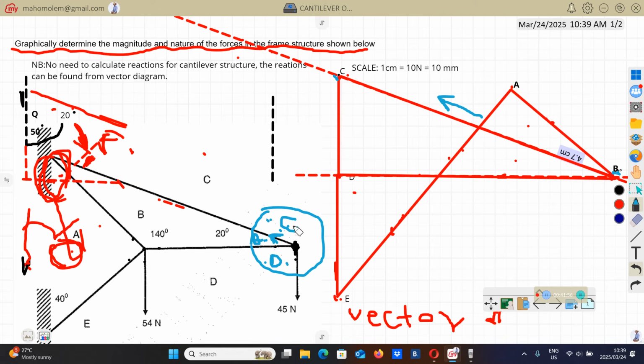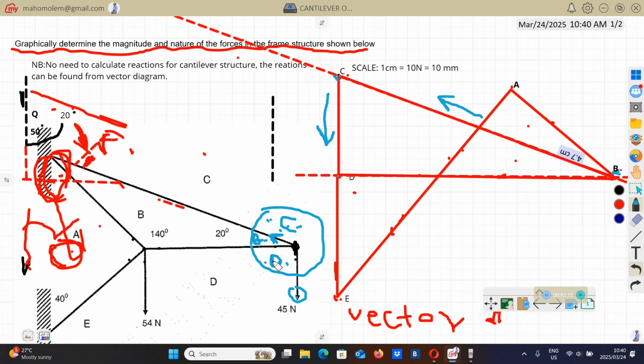Then from C to D, you will come here and check. When you move from C to D, you will be going down. So that's why this arrow is going down. So it's already there. The direction is already there.